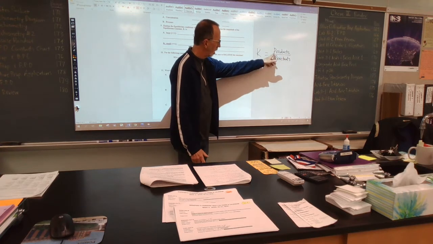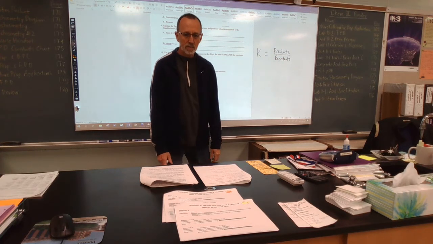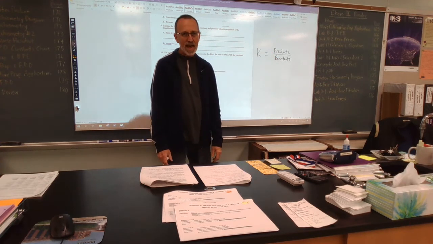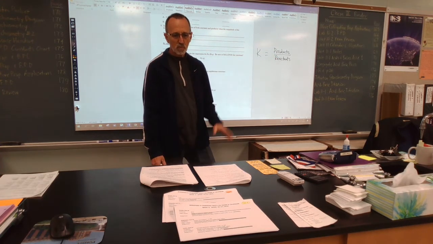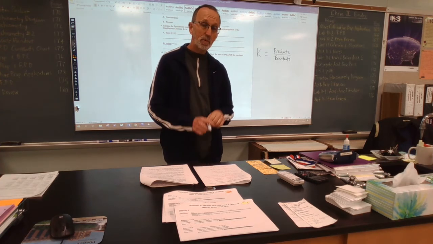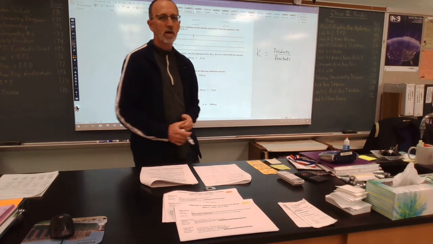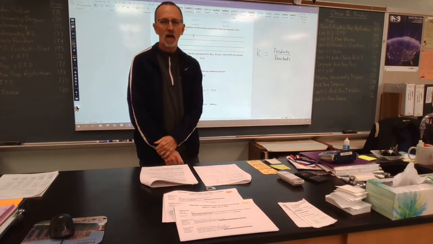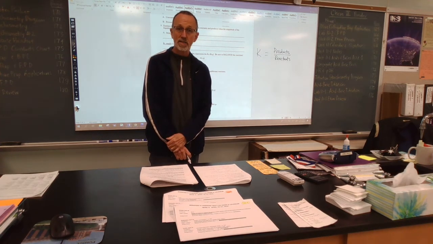What does that mean? Well, it means that at equilibrium, you have more products than you do reactants, which means what we say then is that the products are favored. Or we say that the reaction favors the right side or the product side.